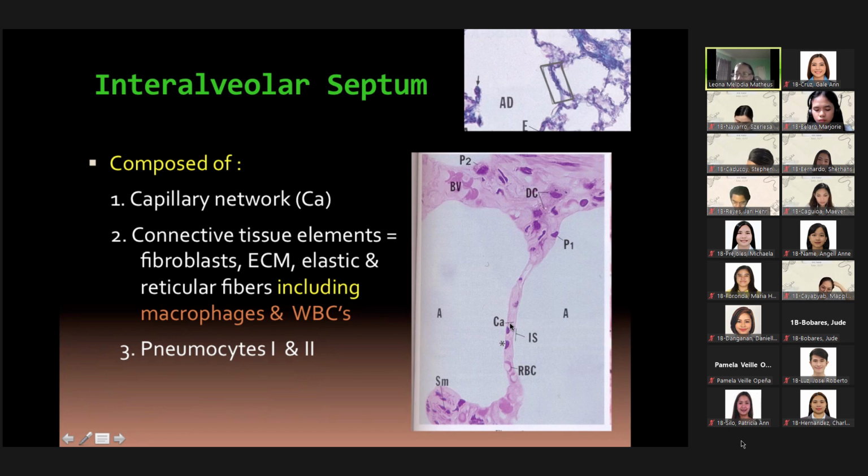We find connective tissue elements which contain fibroblasts, extracellular matrix, elastic and reticular fibers, including macrophages and white blood cells. All of these are here. And of course, your two types of lung cells, pneumocyte 1 and pneumocyte 2, which you can easily identify here.